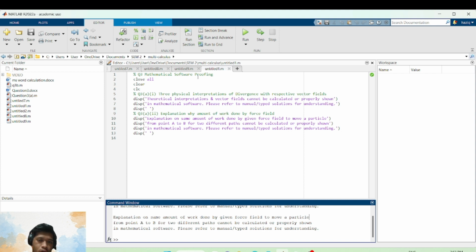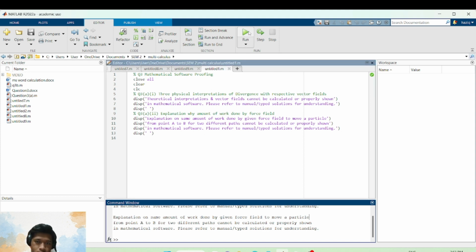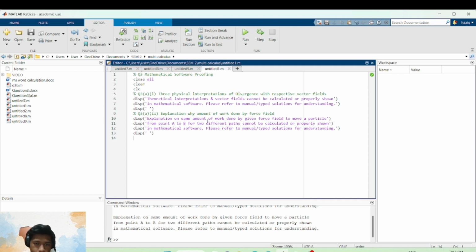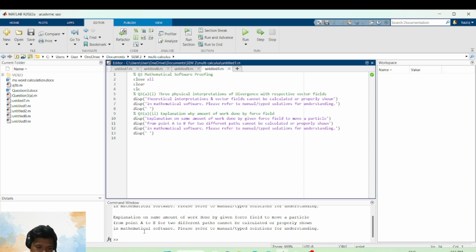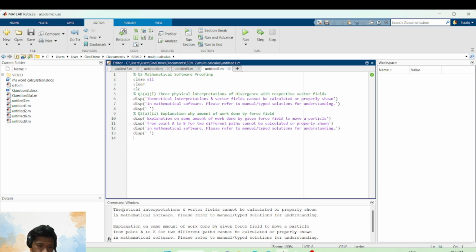So this is the MATLAB coding for question 3A1 and 3A2. First of all, we have to run the simulation. In the command window, it says that the theoretical interpretation and vector field cannot be calculated or properly shown in mathematical software. Please refer to the manual or typed solution for understanding.